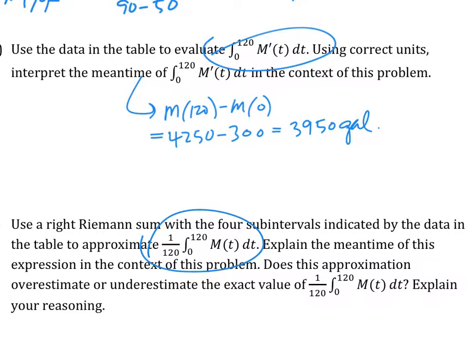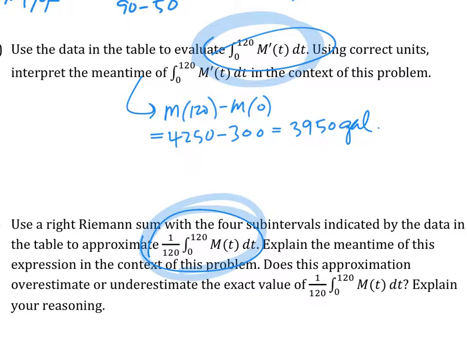So you see how this part and this part look so similar, but they're actually asking very different things. First of all, inside the integral, this one is a rate. Inside this integral, there is an amount, m of t. This one is m prime of t. They are very different integrals. Not all integrals are asking the same thing. So you have to be careful on what the question looks like to interpret the meaning the correct way.